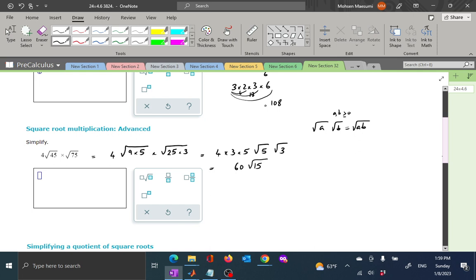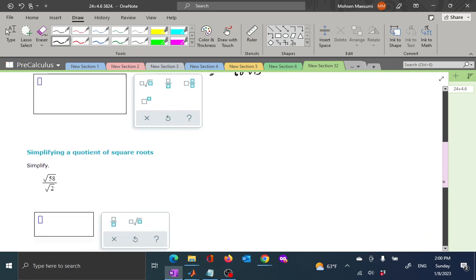So again, what we learn here is to factor so that the complete squares are separated, so that they come out of the radical, and we manipulate them outside of the radical, and then inside radicals we multiply them with this product property.